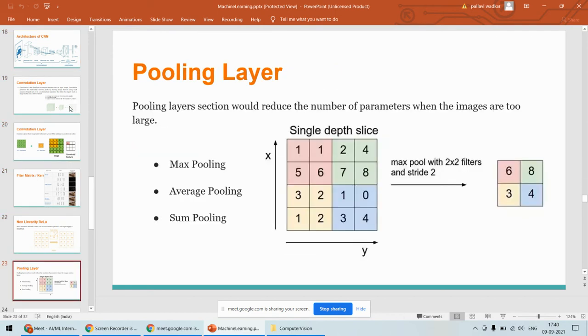Now comes the next important step, the flattening step first of all, and then the fully connected neural network. At the end of convolution, ReLU, pooling, we will get something like this feature, 6 8 3 4.